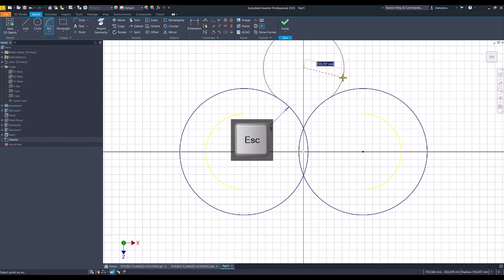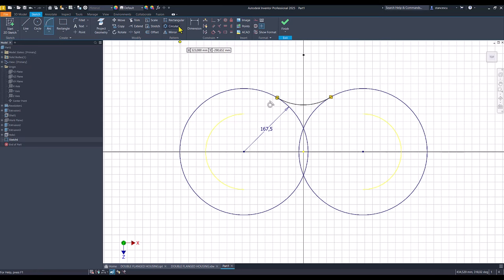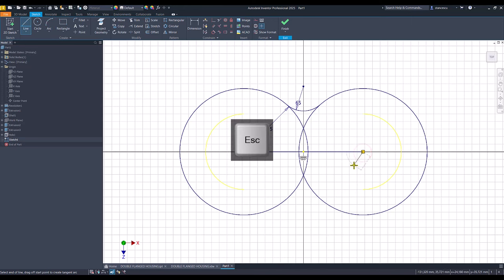I cannot place this. Let me place it somewhere, and now I can add that dimension of 65. Tangent to both circles. Then I draw a line between these two centers to apply mirror.